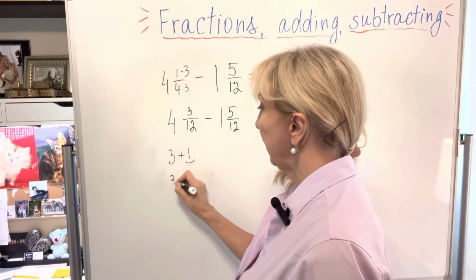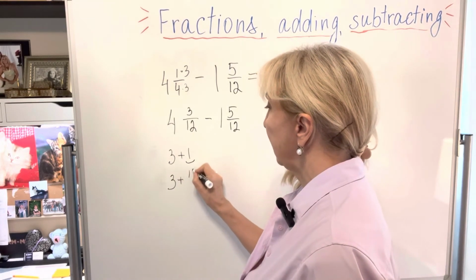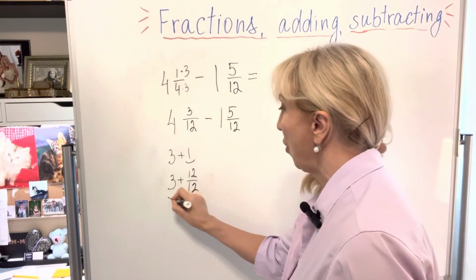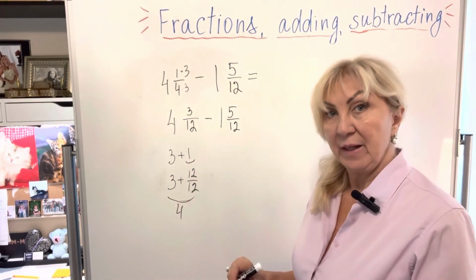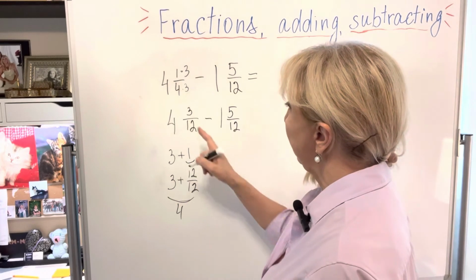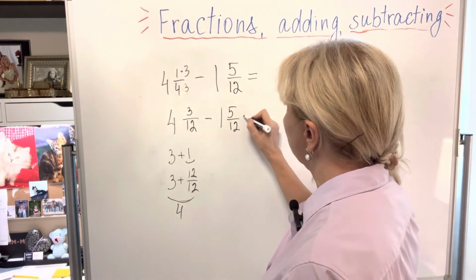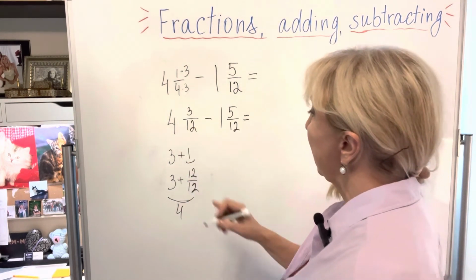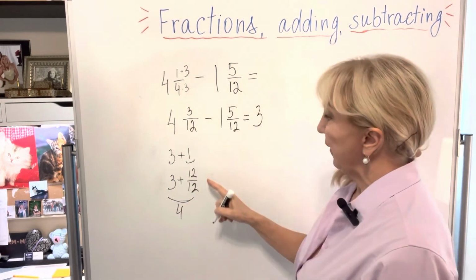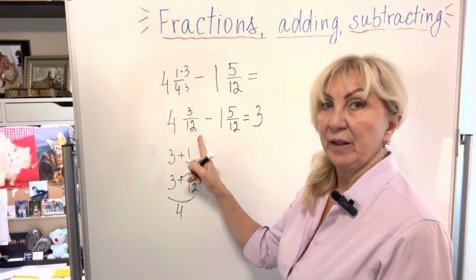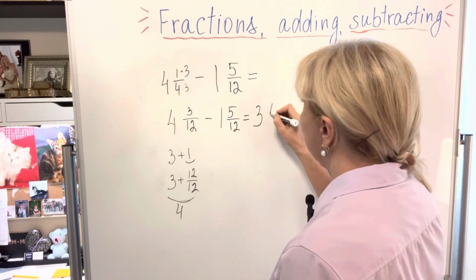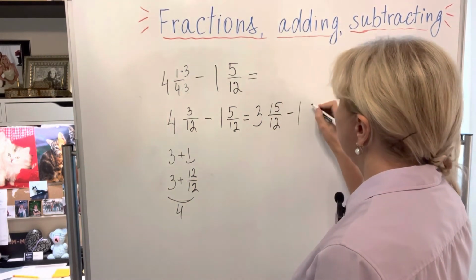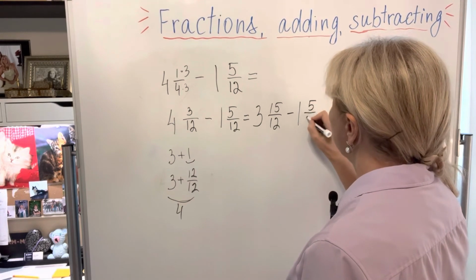So I put 3 plus 12 over 12. That's the same, that is our 4. This is a convenient way to work out this problem. We have 12 over 12 plus 3 over 12, which gives 15 over 12. Subtract 1 and 5/12.